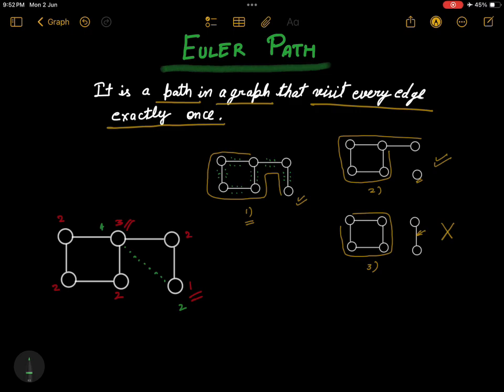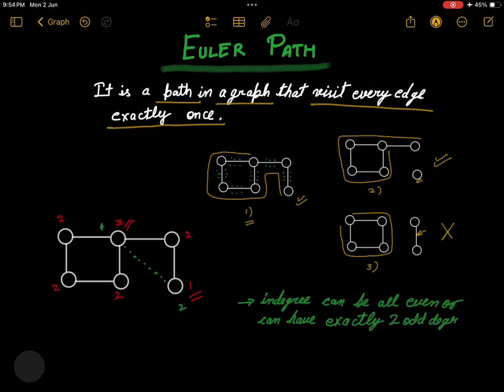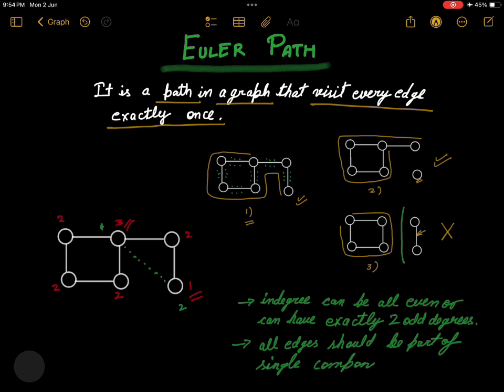So what we observe from here is we got 2 observations again, that for Euler path, the degrees can be all even or can have exactly 2 odd degrees. If they are even, then yes, it is a Euler circuit. Okay, if there is a Euler circuit, then there will be a Euler path, and all edges should be part of single component.